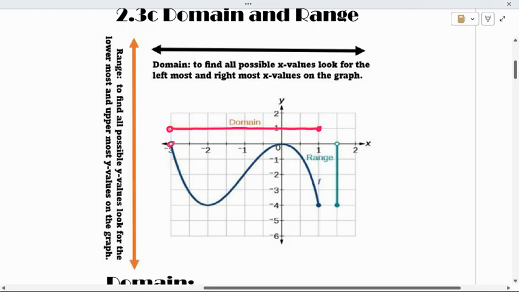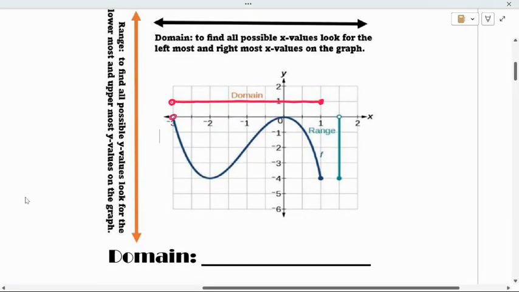If you think about inequalities, that just means that number's not included. When I talk about my range, the lowest point is down here, and the highest point right here also has an open circle on my graph.